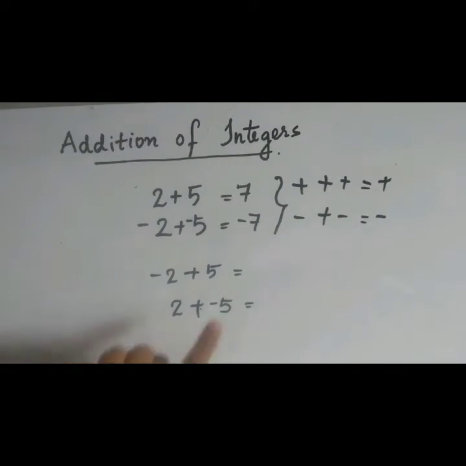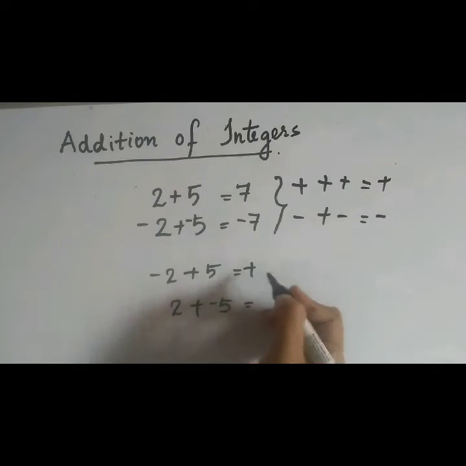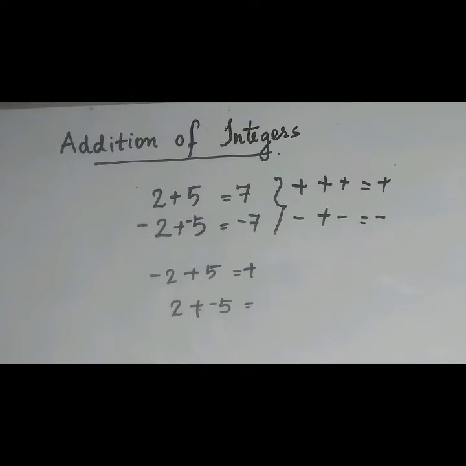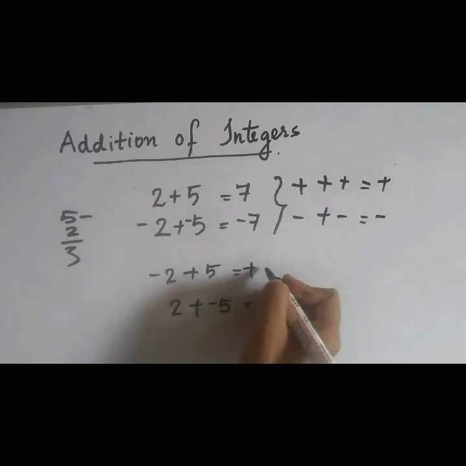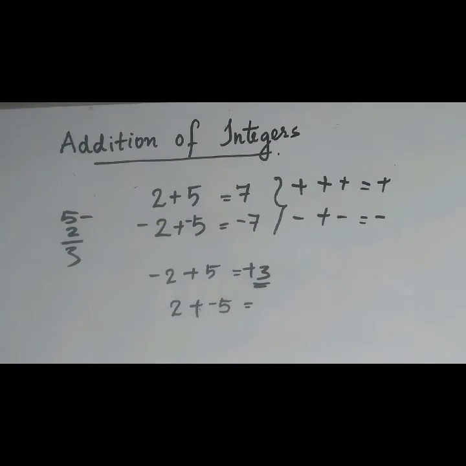Which is the greater number? 5 is the greater number. So what's the sign of 5? It's positive, so the answer will be positive. Now we need to subtract 2 from 5. 5 minus 2 is equal to 3. The answer is plus 3.